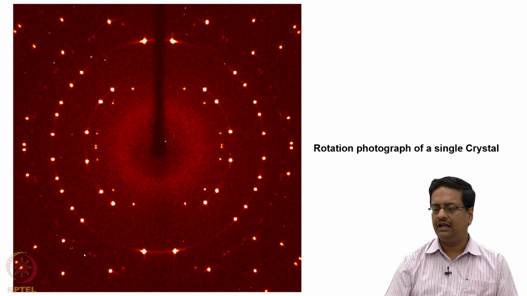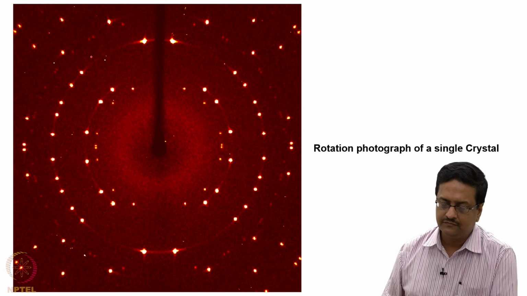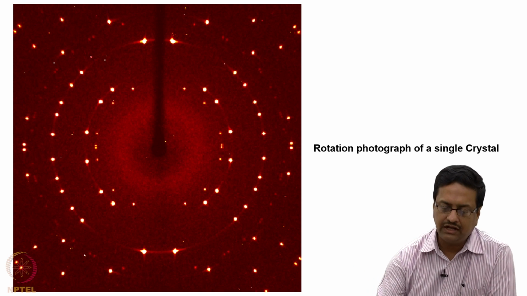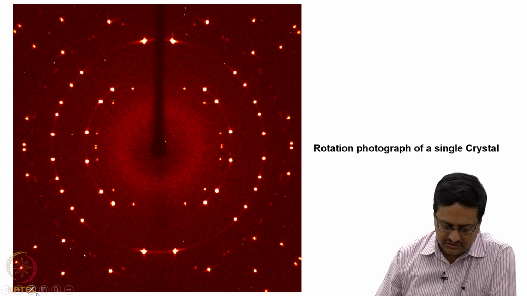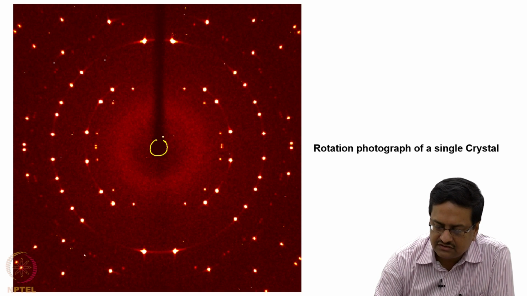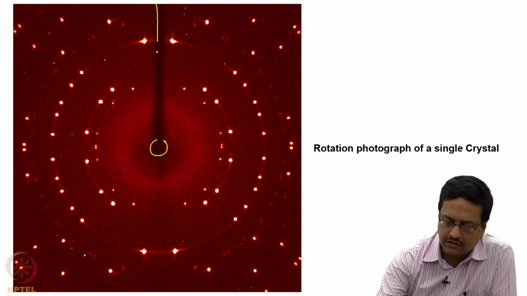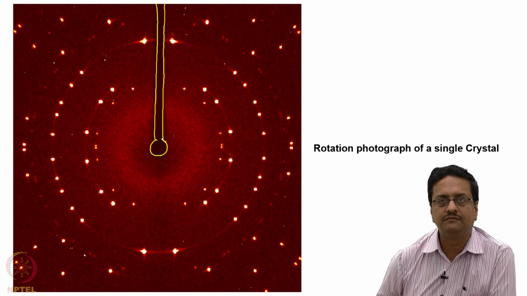So, here what we have is an excellent rotation photograph from a single crystal. You see here, this is a two-dimensional image where the bright spots are diffraction spots and there is a dark spot or a dark region in the middle, which is the shadow of the beam stop.